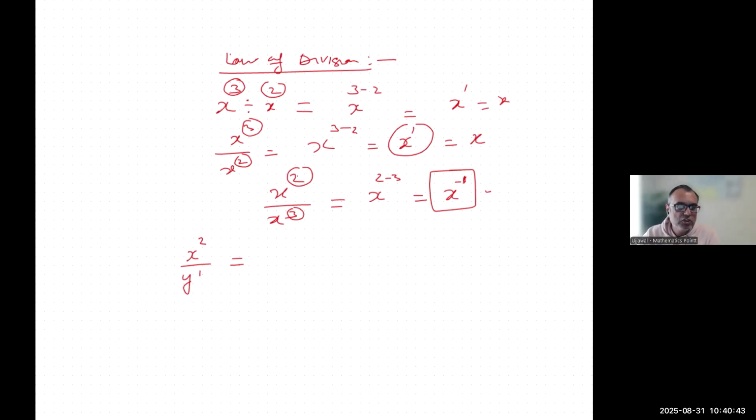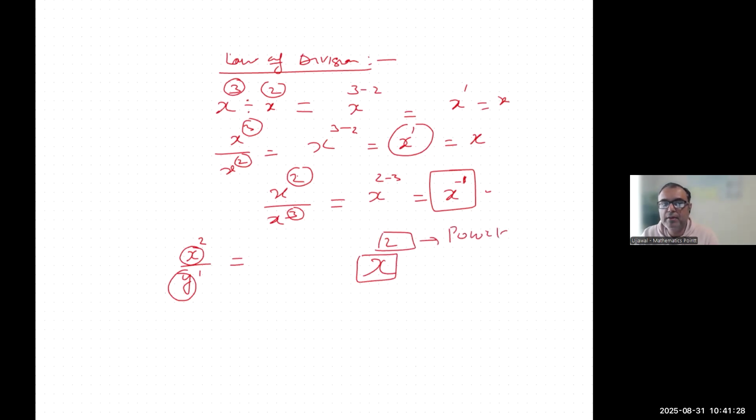Okay. So now what is happening here is look at the variables involved. You've got an x here, and hey, you've got a y here. So you cannot apply that law. So both the laws have a basic condition attached to them. The variable needs to be the same. And when I say x squared, there are two parts to this, the variable and the power.